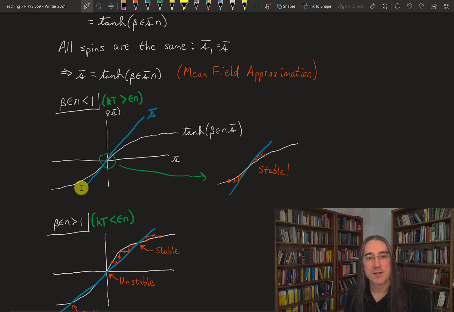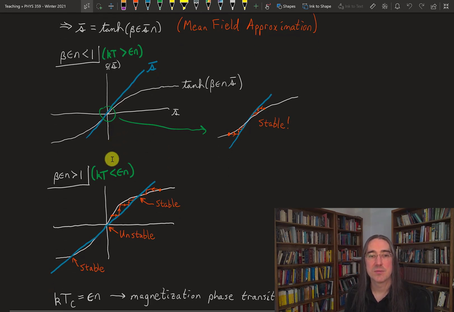So we've got a straight line with slope 1 for the left side, and this gently sloping tanh on the right side. They only intersect at one point, which is the origin. So in this high temperature regime, we don't have any average spin. The average spin is 0, or said differently, the magnetization is 0.